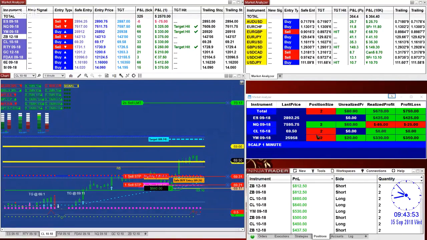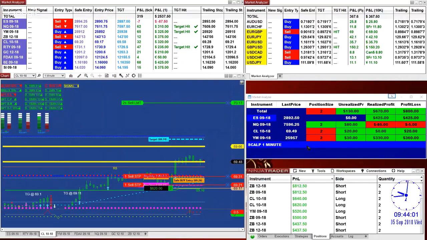Then we have a market analyzer here. This one is based on the scalpers, and we are using 1 minute or 150 ticks. The 1 minute is conservative, and 150 ticks is a bit aggressive.